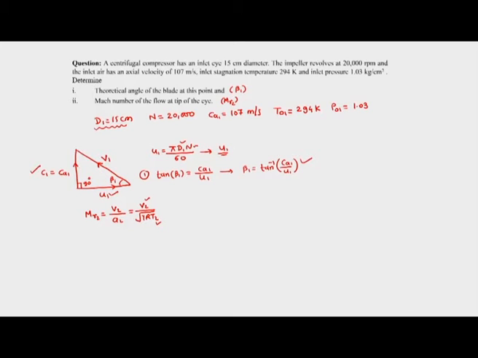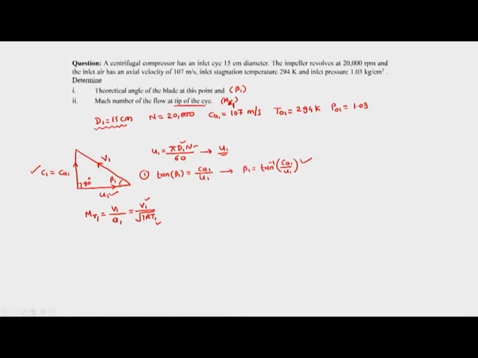Here we are asked to find out the Mach number at the tip of the eye. So basically we have to find out not 2, we have to find out 1. Since this is 1, this is again 1, and this is again 1, we have to find out MR1, which is V1 upon A1, which is V1 upon square root of gamma R T1.